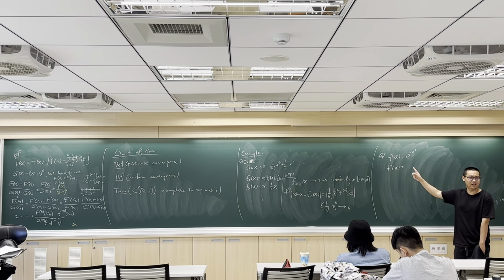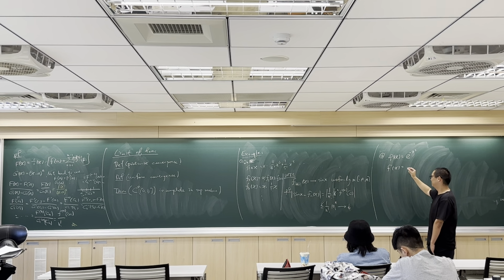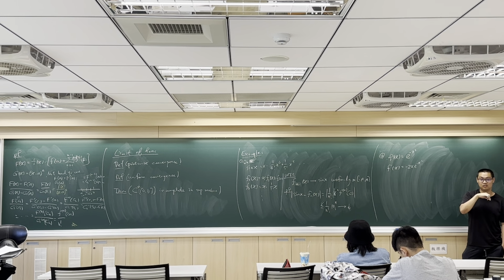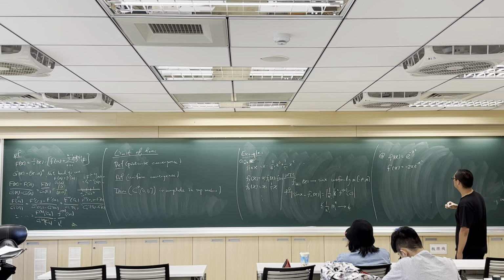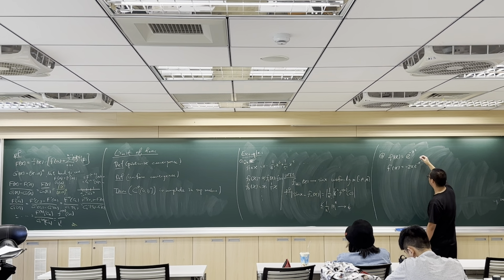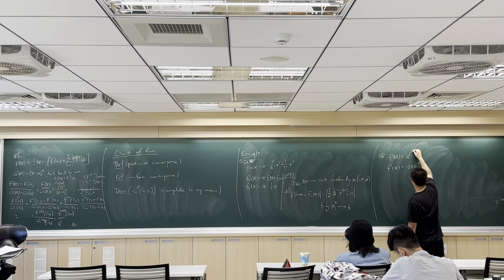Do you know how to differentiate this kind of thing? Let me check. It should be 1 over x squared.